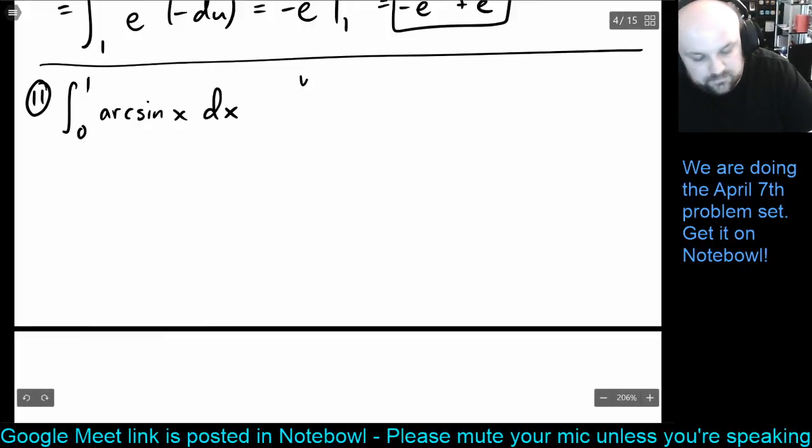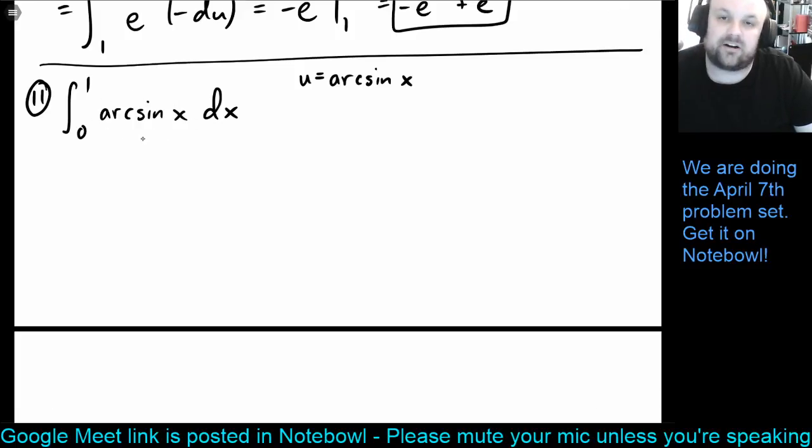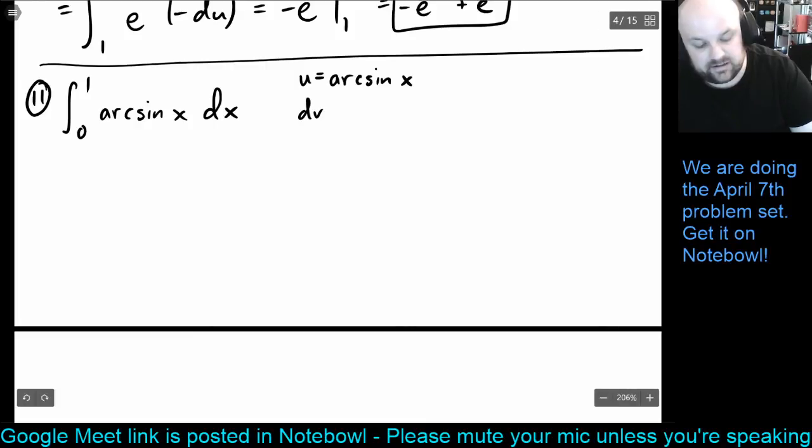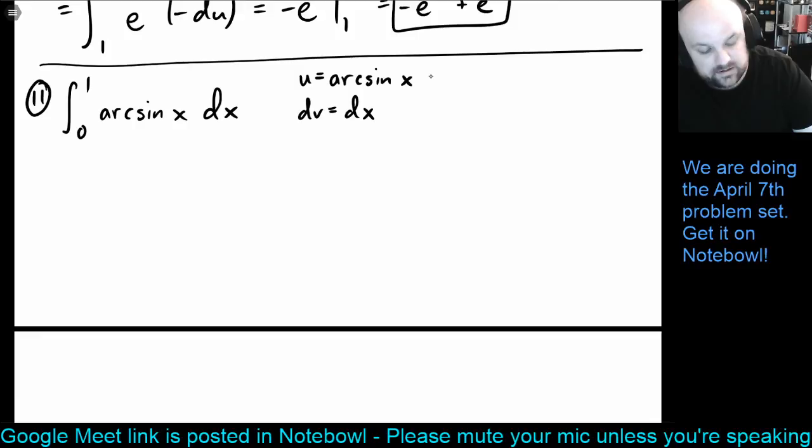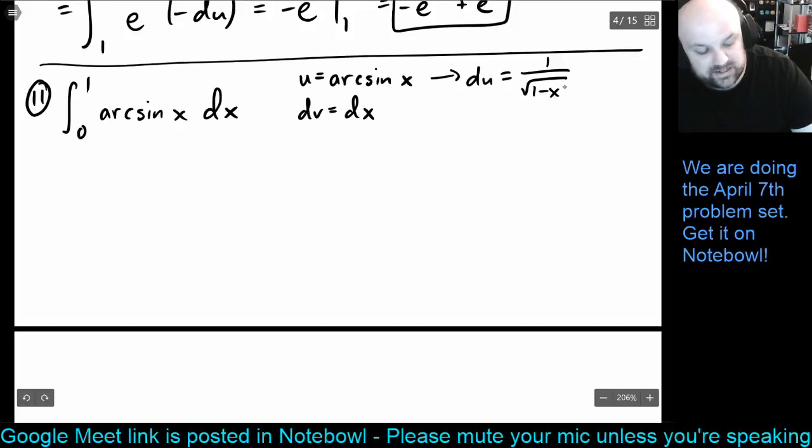So here, we find u is arc sine x, right? Because you can think of this thing we're integrating as arc sine of x times 1. Right? So if we think about it that way, then dv is just dx. Right? So when we differentiate du, we're going to get 1 over square root 1 minus x squared dx.